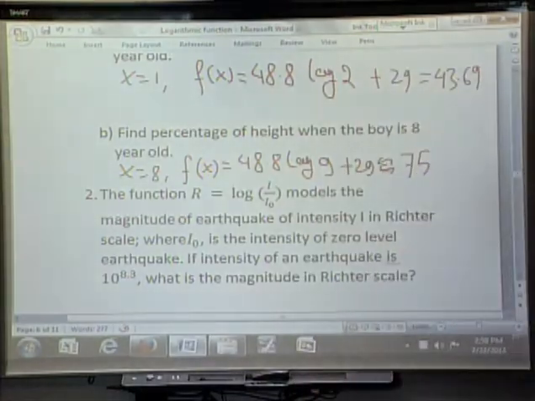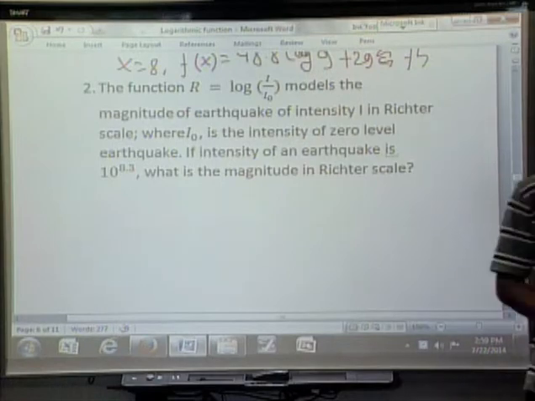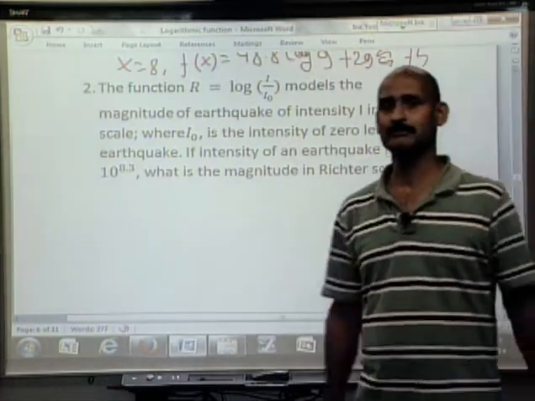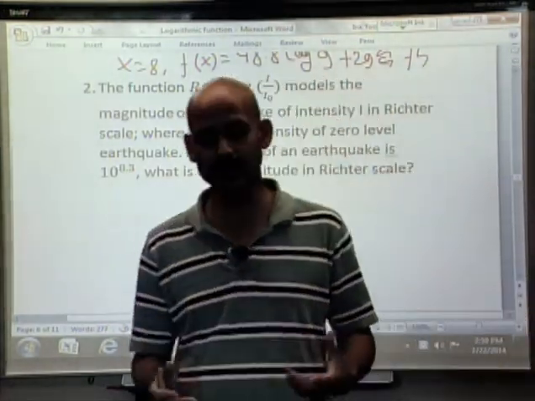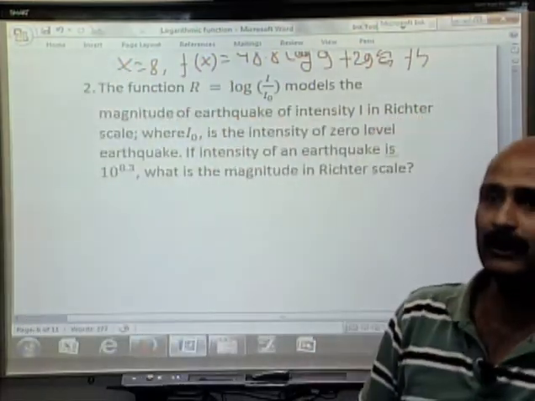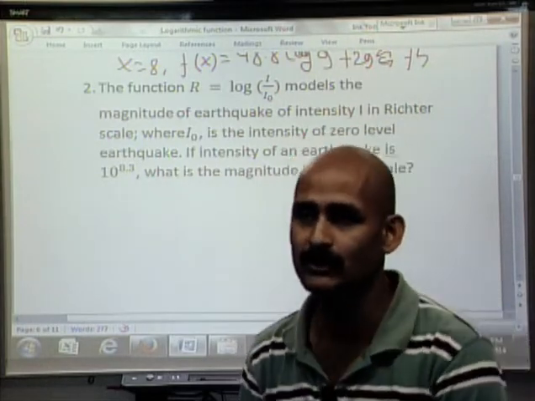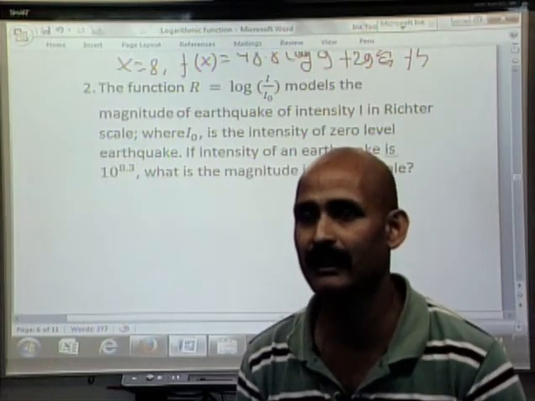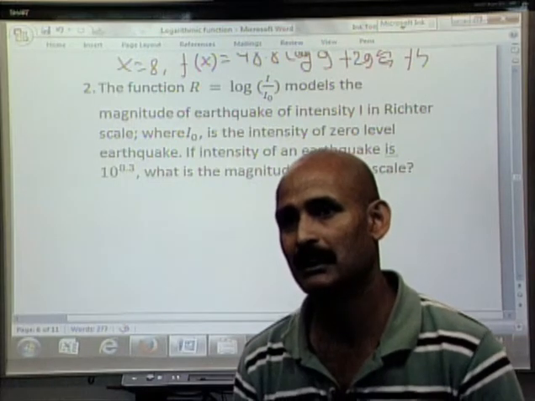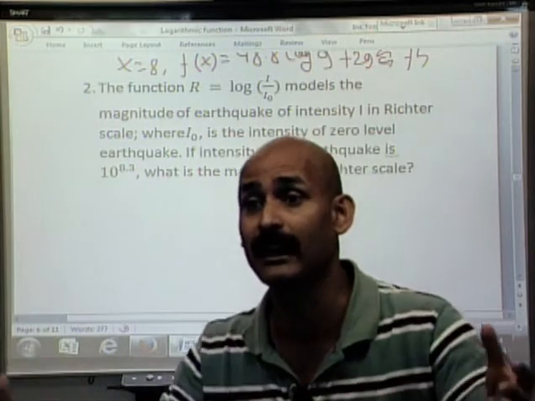Well, let us think of another example which I am sure you have heard several times. When we talk about an earthquake, we say the earthquake was so intense, and they report that it was 7.5 on the Richter scale.